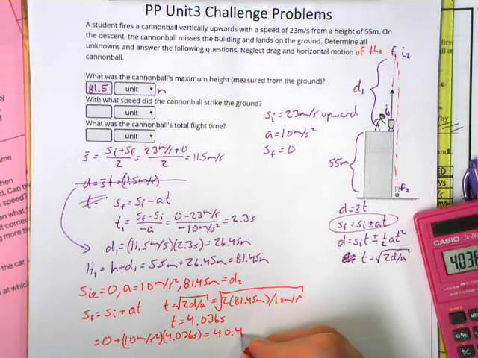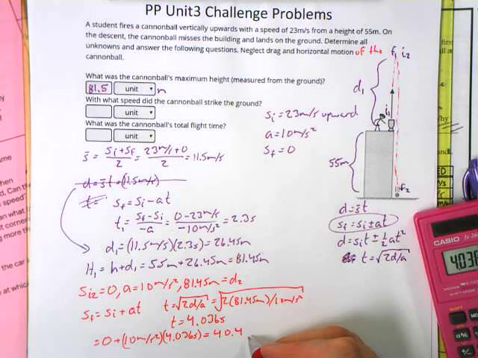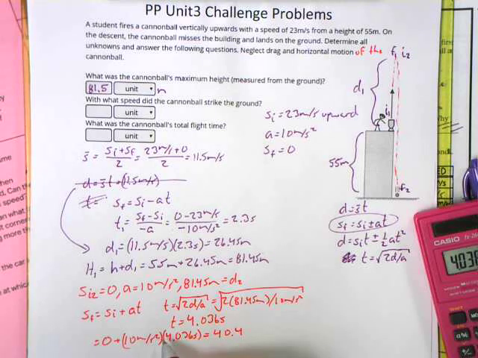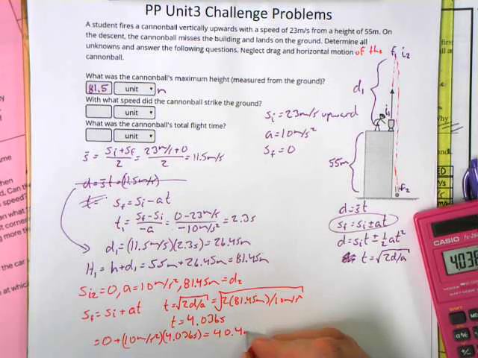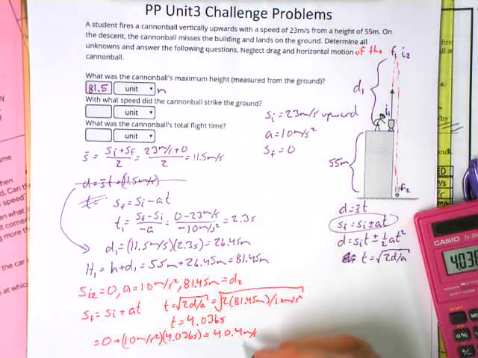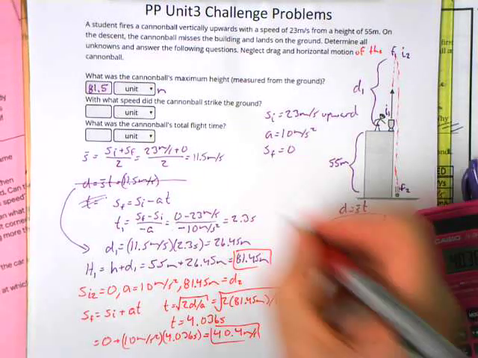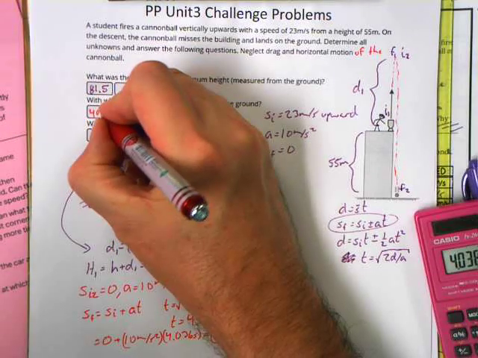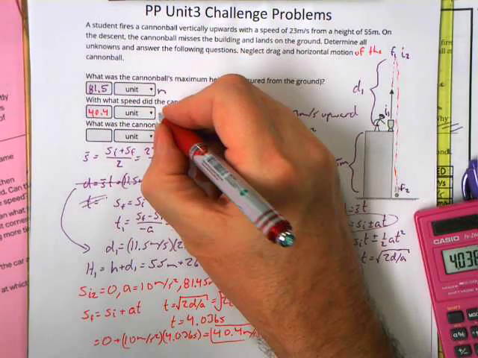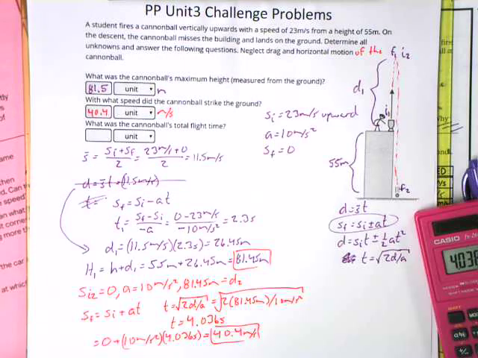I'm going to say 40.4. And that is going to be meters per second, because this second cancels out the squared on those seconds. So meters per second, that is the speed at which it plows into the ground. So that's our second answer, 40.4 meters per second. What was the cannonball's total flight time?